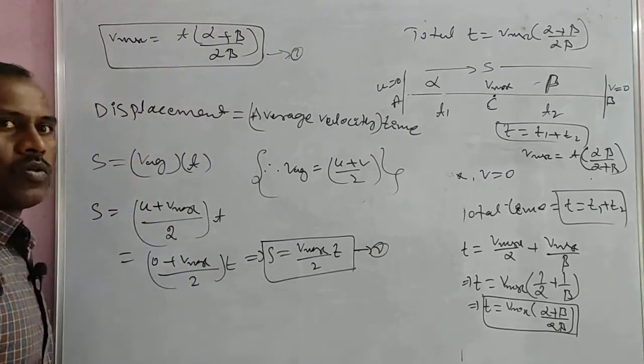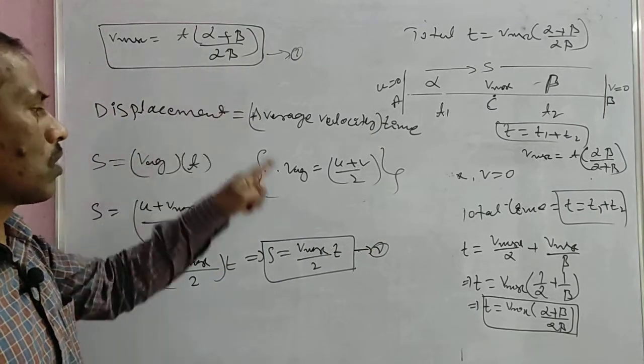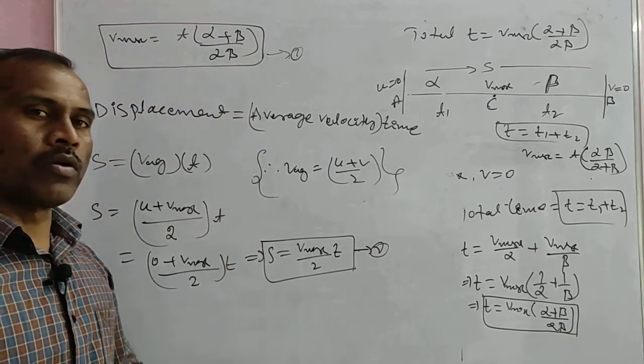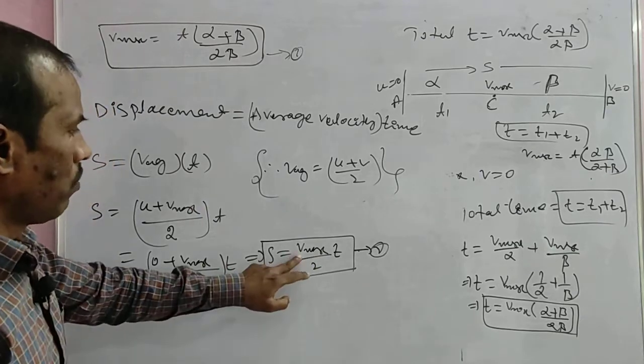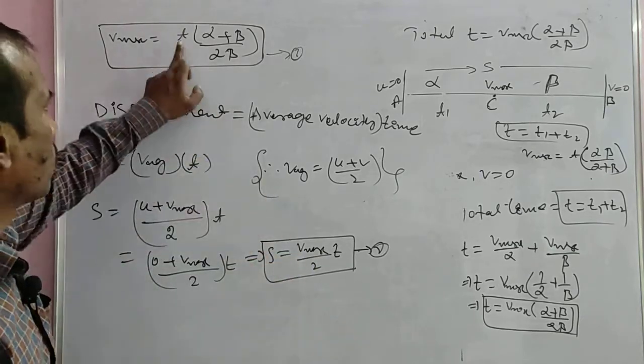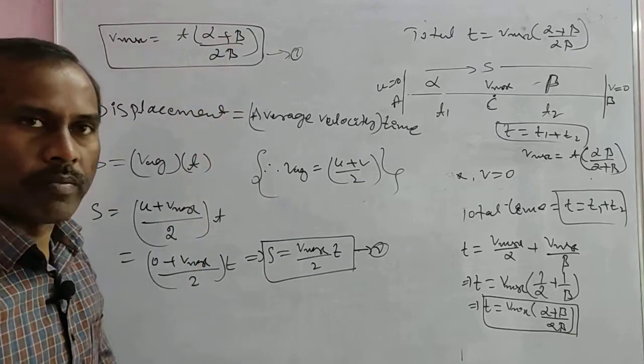Substituting equation 1 in equation 2, V maximum is equal to T into alpha plus beta by alpha beta into alpha.